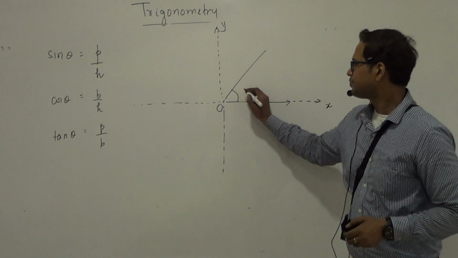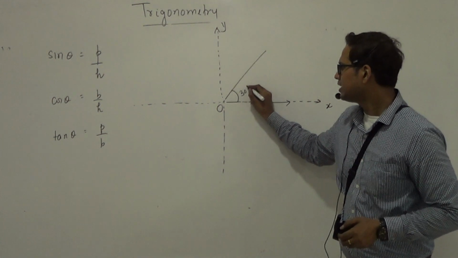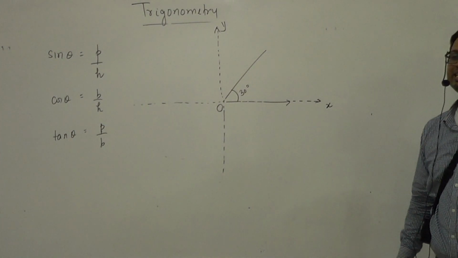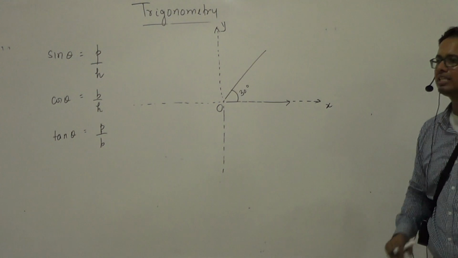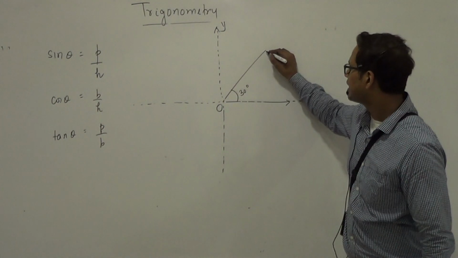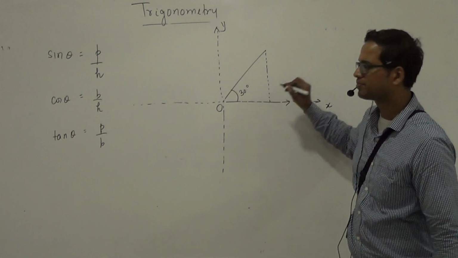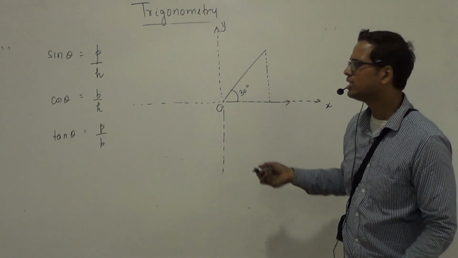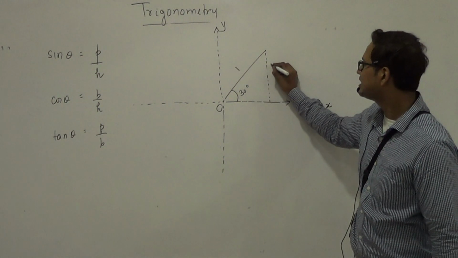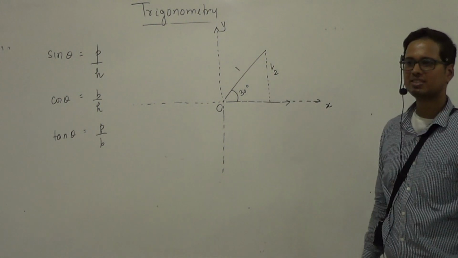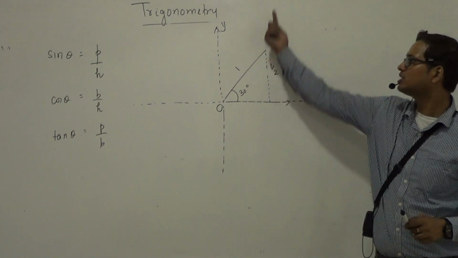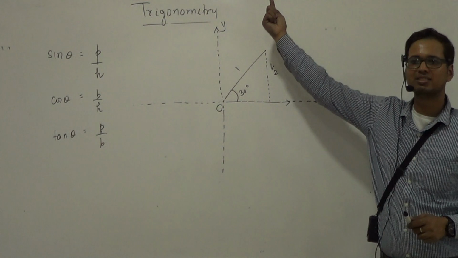If I say, what is the trigonometric ratio sine for 30 degree? Let's say I want to find sine 30 degree. So what we do normally, we construct a reference triangle here. Normally in school they say keep this as unit and make this as half. But note this half is in the positive direction of y.